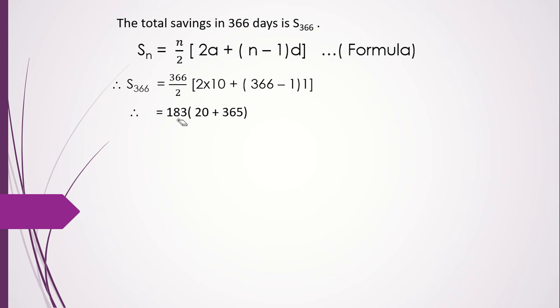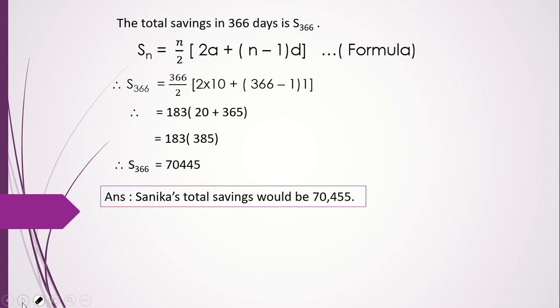This division is 183. 10 into 2 is 20 and this is 365. Add these two. We get 385. Multiply these two. We get 70,445. So in 366 days, she will save 70,445 rupees. So Sanika's total savings would be 70,445 rupees.